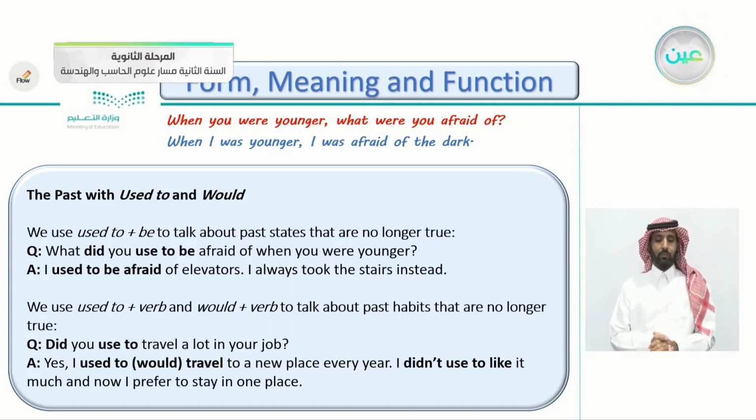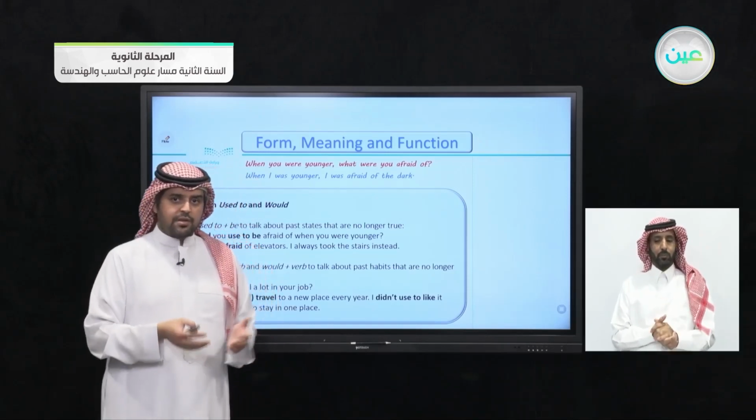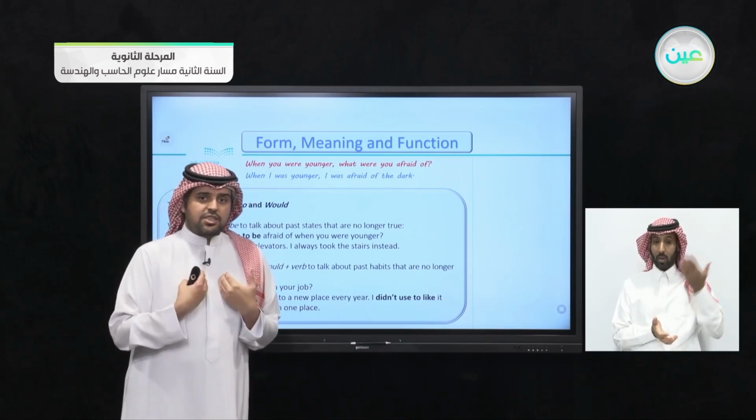We use used to be to talk about past states that are no longer true. To talk about past states, like me being afraid of the dark, that are no longer true, that they are not happening now. Like when I said, I used to be afraid of the dark, but now I am not. For example, I used to be a student.